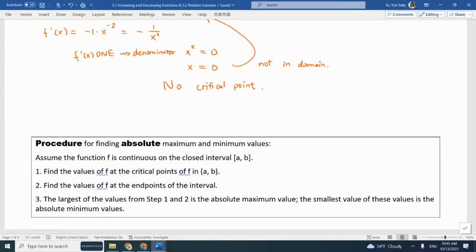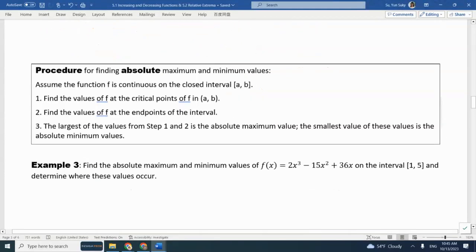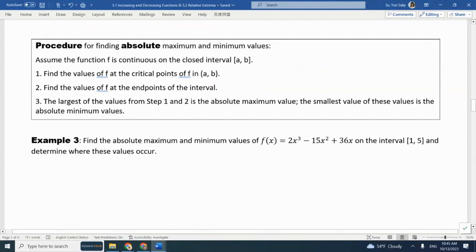So far, so good, everybody? Yes. So this is how we do it. Let's look at this example. We have a closed interval and the function is continuous. Remember, all the functions we learned are continuous on their domain, right, everybody? And this is a polynomial.